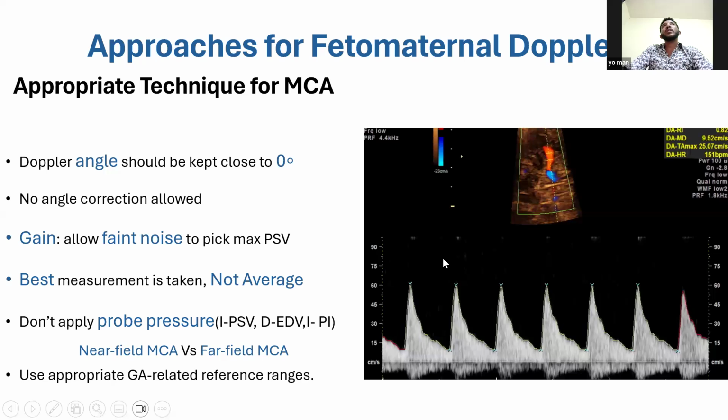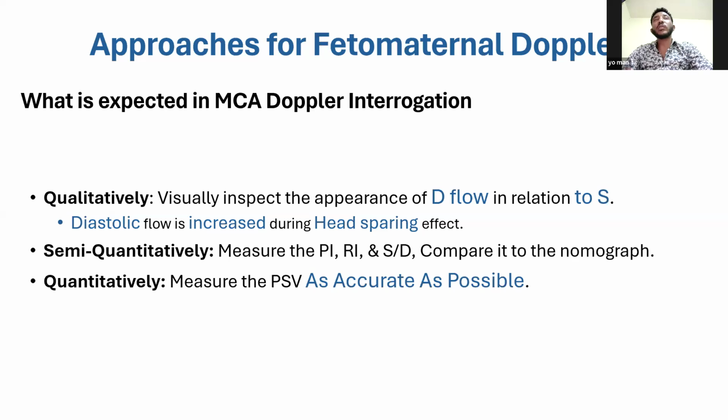You have to measure the peak systolic velocity of the MCA over and over again, and you should take care that your machine doesn't calculate the average in the final report. The best measurement should be taken, not the average measurement. The other thing, you should not apply extreme probe pressure when examining the middle cerebral artery, especially for accurate assessment of peak systolic velocity.